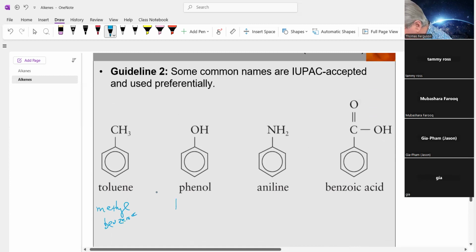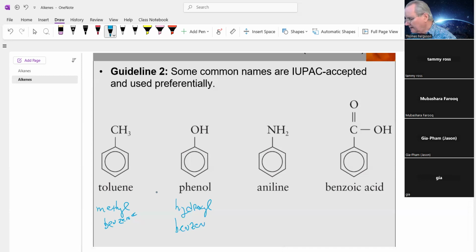Instead of hydroxybenzene, they call it phenol. Instead of aminobenzene, it's aniline. Well, benzoic acid is actually kind of consistent with the base of benzene.